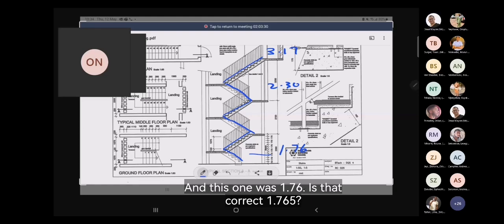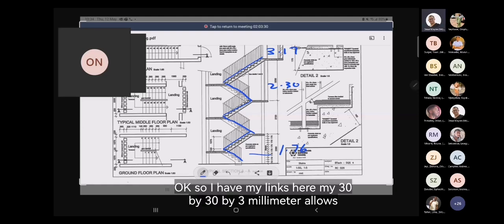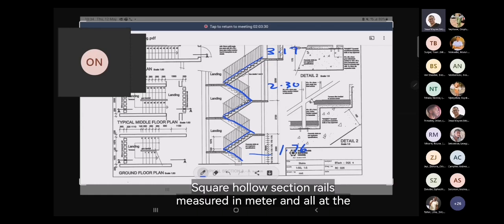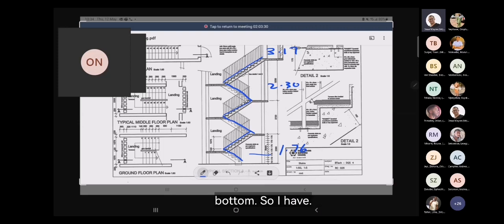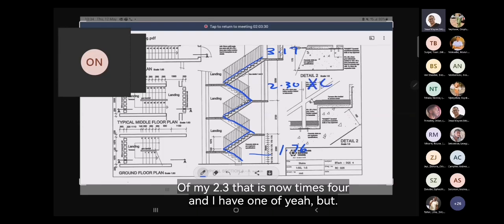Right. Okay. So I have my lengths there, my 30 by 3 millimeter square hollow section rails measured in meter. It's all at the bottom. So I have my 1.76, 1/0. I have my 2.3, that is now times 4, and I have 1/2 here.